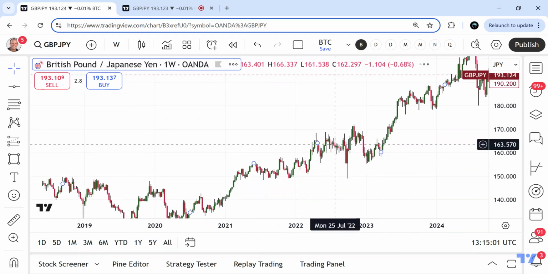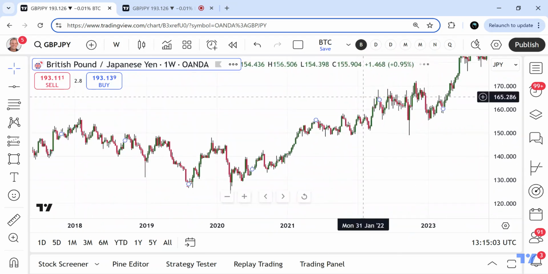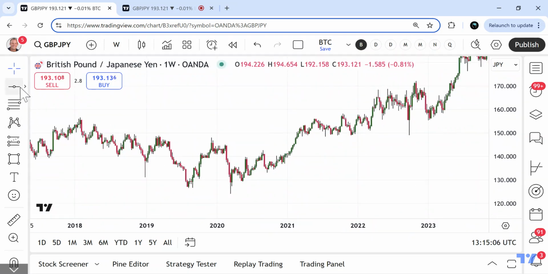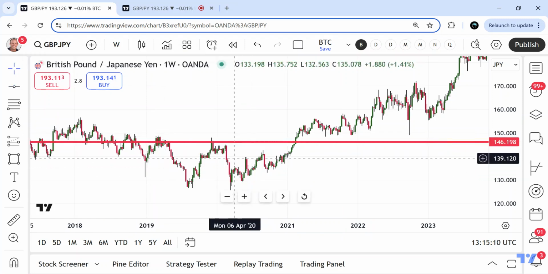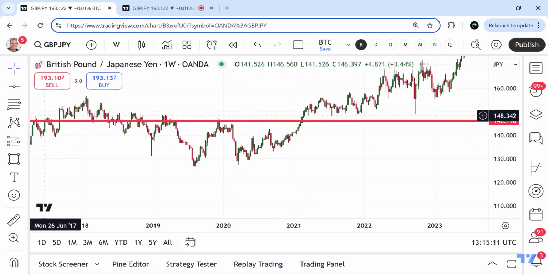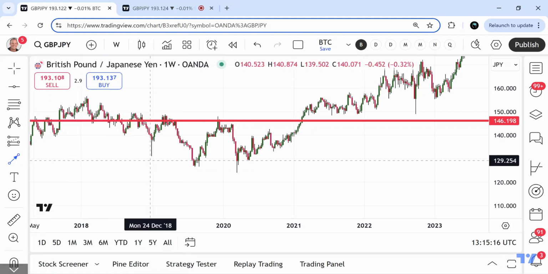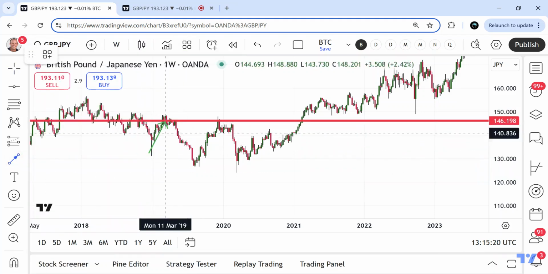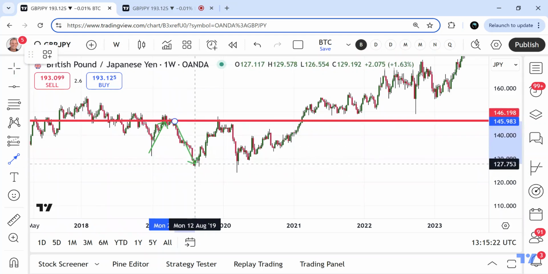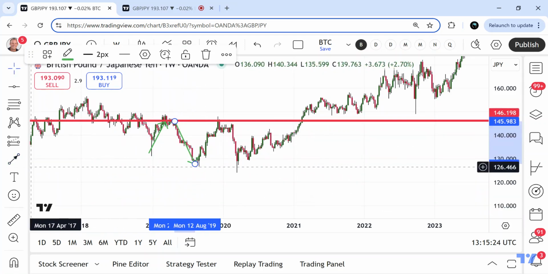That's a nice level of resistance right here. So as we can tell, the market came up, and now that resistance level is pushing that market back into support.